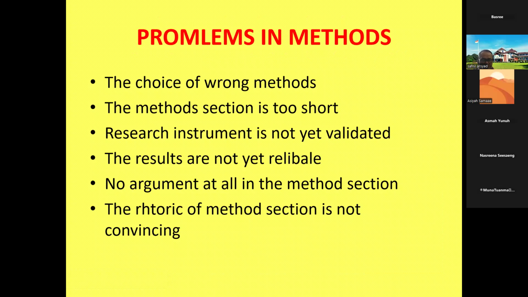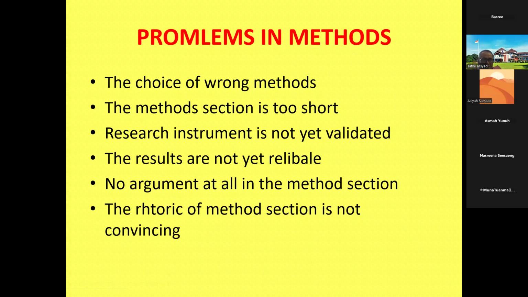Do you think that it can sufficiently answer your research question? Will the sample represent the population or not? So that is the question. So you have to be careful to choose the research method.